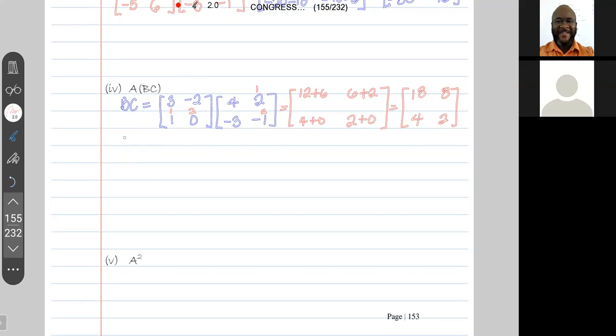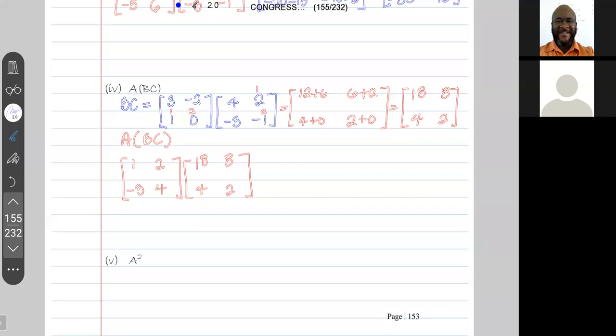So now A times BC. A is 1, 2, minus 3, 4 times BC, 18, 8, 4, 2. So let's multiply row by column. First element, second element.